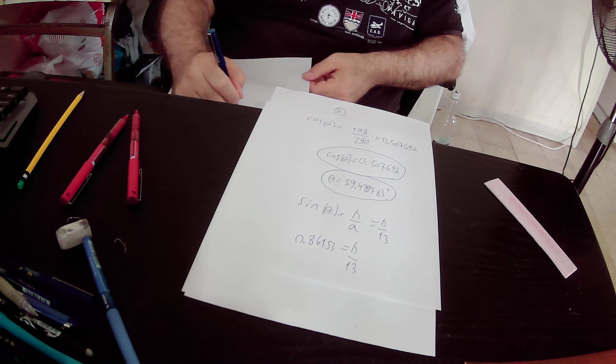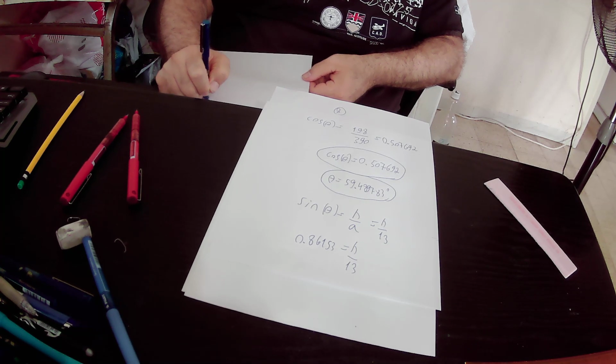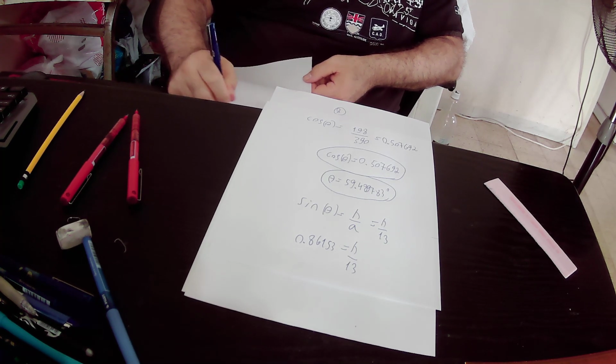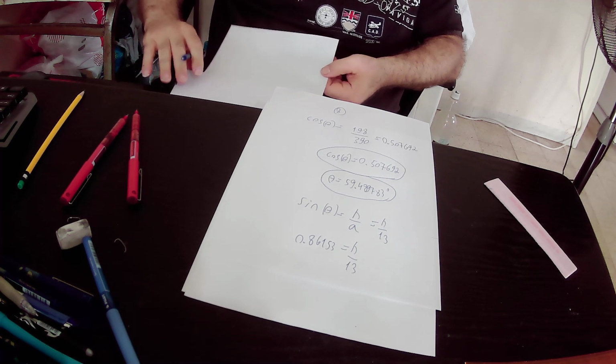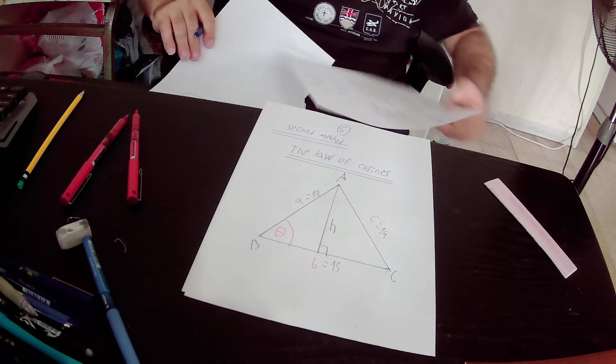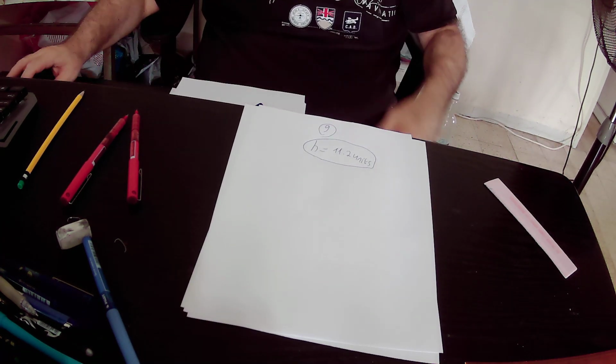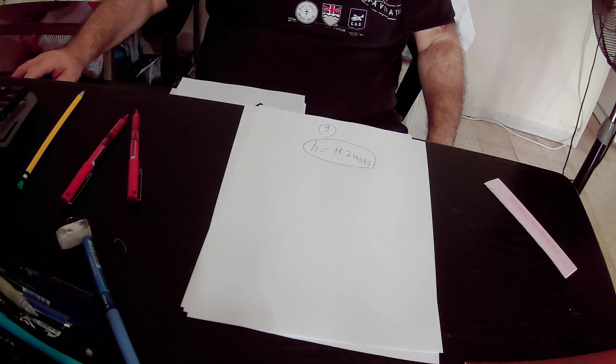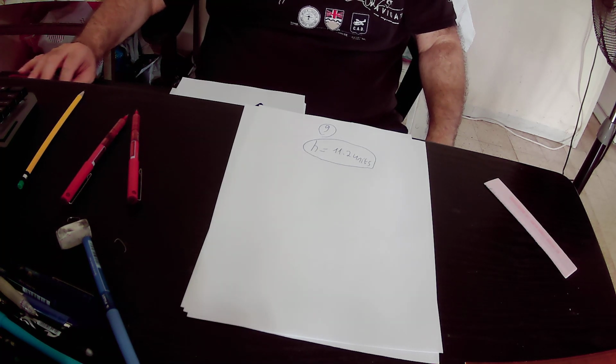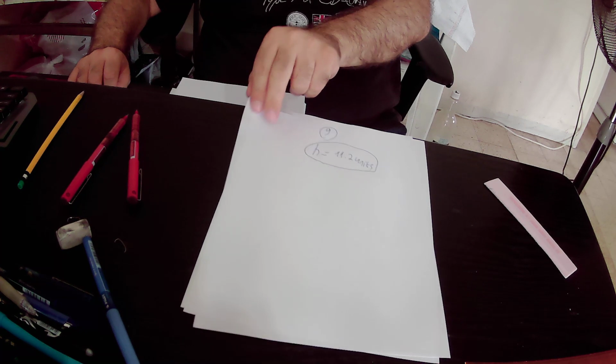The height h equals 11.2 units. Okay, we found out that the height of triangle ABC is 11.2 units.